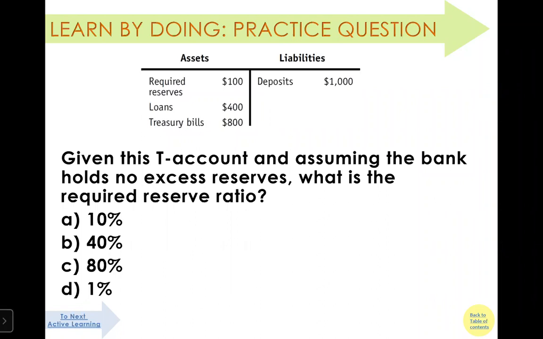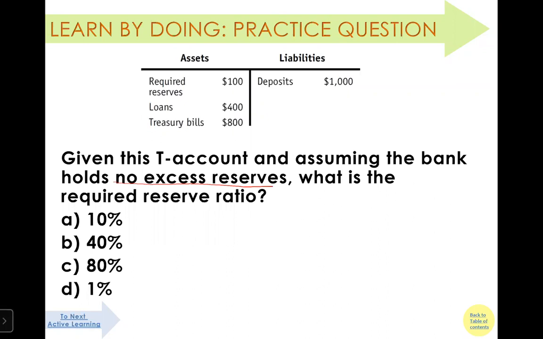Given this T account on the top, and assuming the bank holds no excess reserve, what is the required reserve ratio? Here, the assumption says the bank holds exactly the required reserve, and it lends out all of its other money.